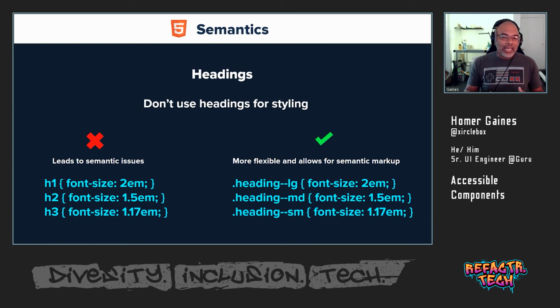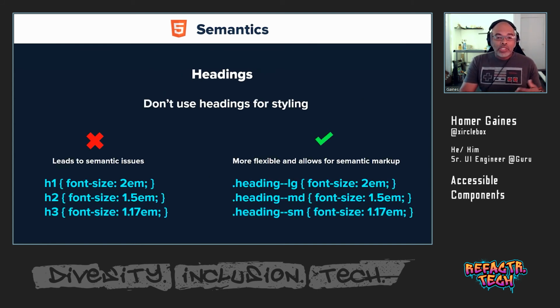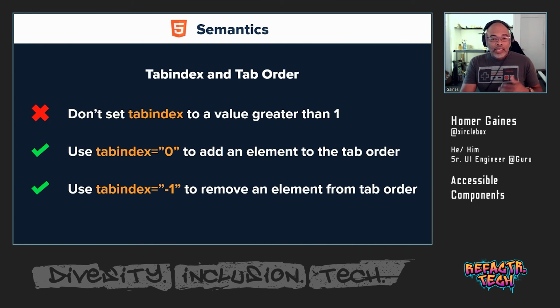Well, what that does is that it actually promotes the misuse of the header itself, because now wherever that large text is supposed to render, the developer will use it there, and you will end up with headers not being in sequential order. So what I recommend is using classes to style those elements. That way you can author your HTML correctly and then use styling or CSS to actually style the headers as they should look.